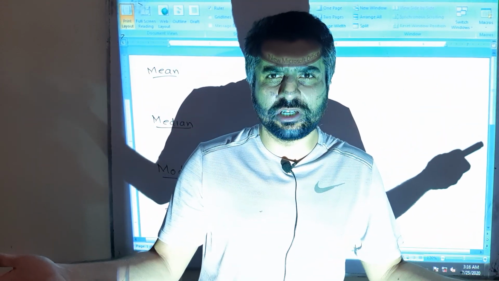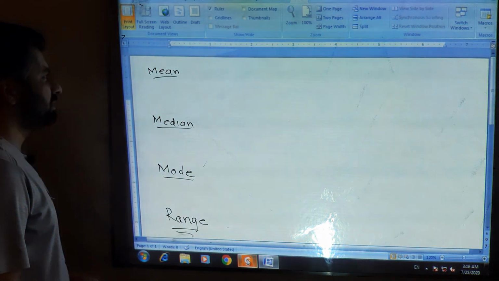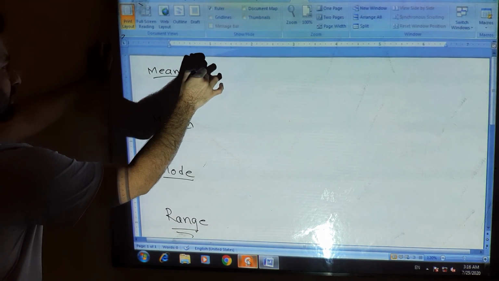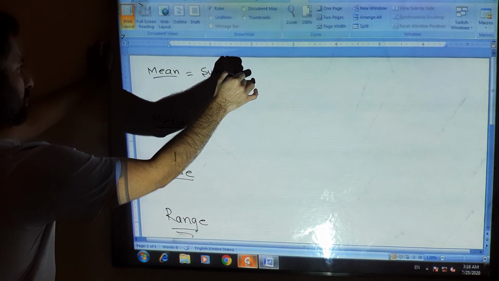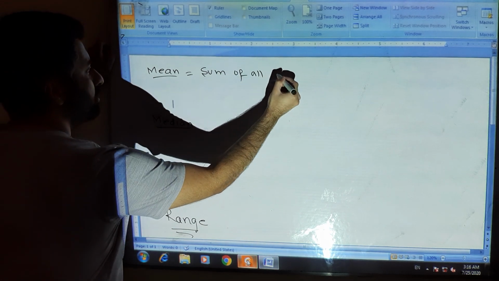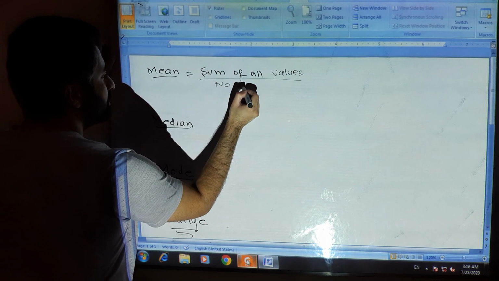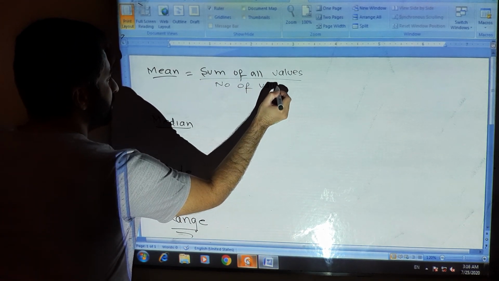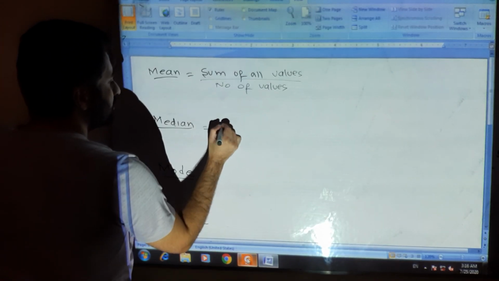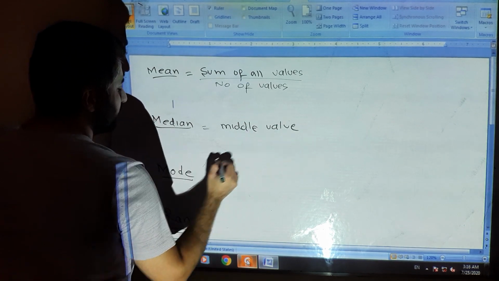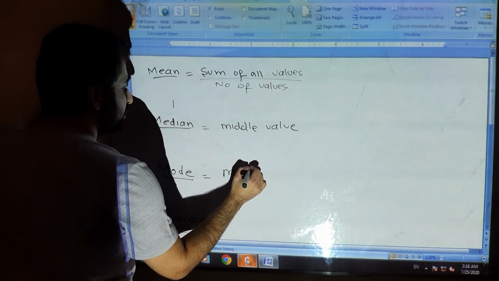The approach towards a central value is the measure of central tendency. The types are mean, that is the sum of all values divided by the number of values. Then we have median, that is the middle value. Then mode, the most repeated, most frequent value.